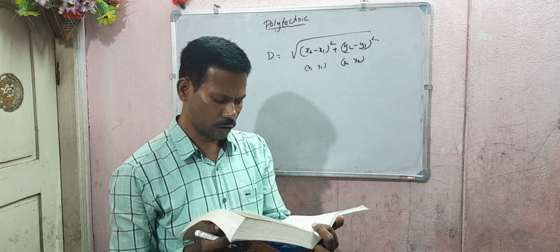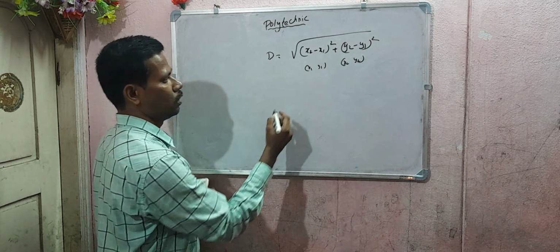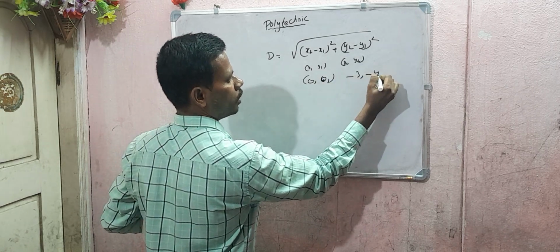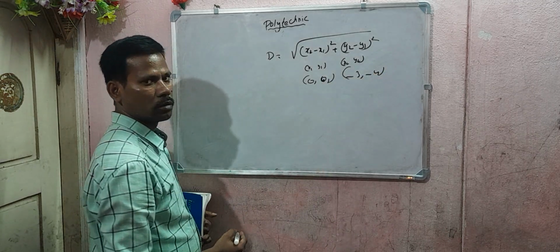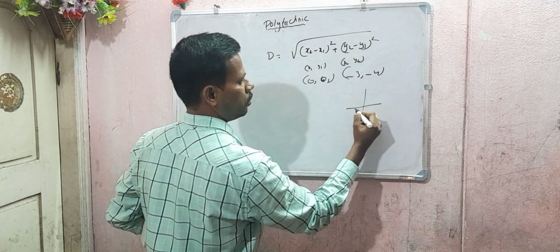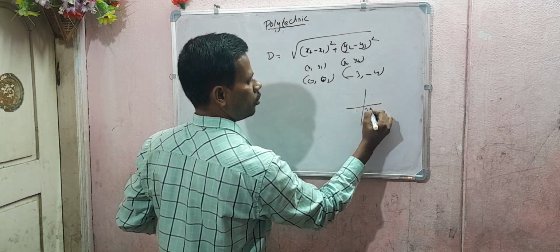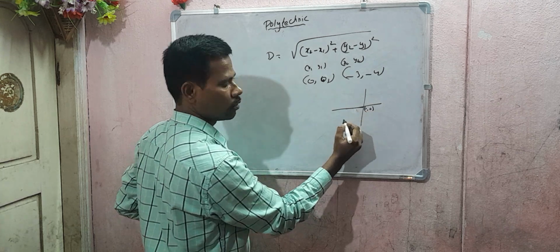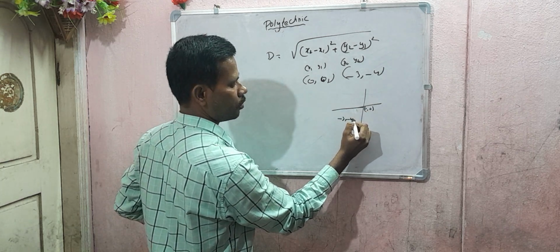Distance between 0, 0 and minus 3, minus 4. Just 0, 0 and minus 3, minus 4, where will it lie? This one. Minus 3, minus 4.